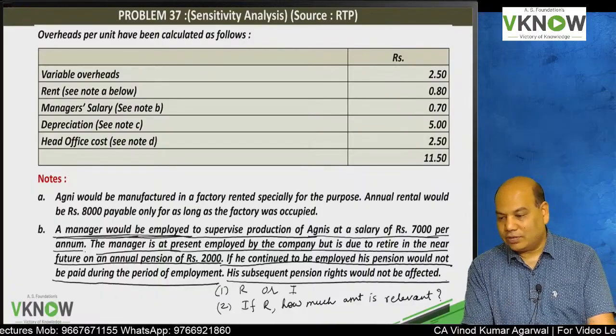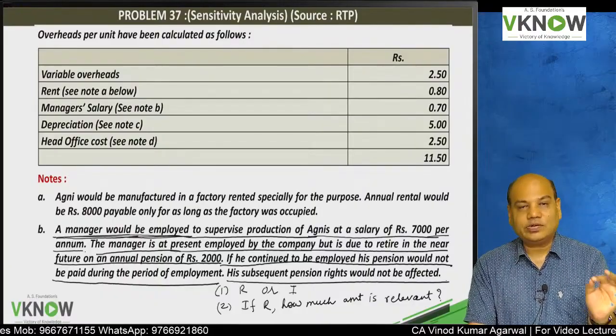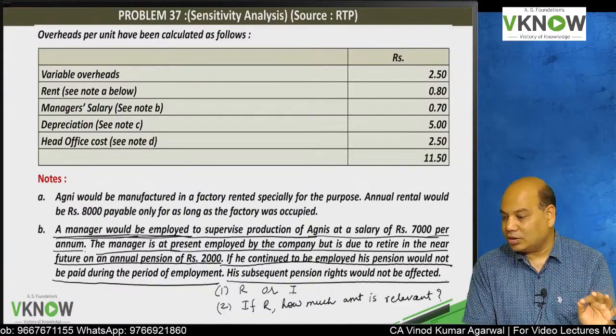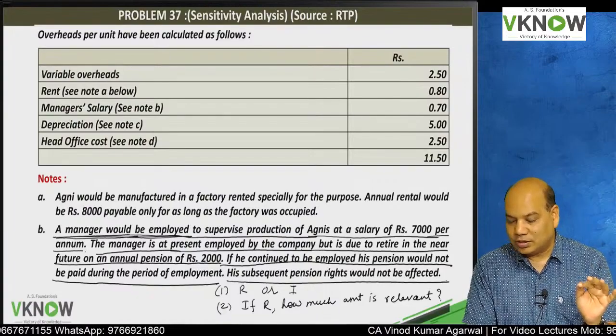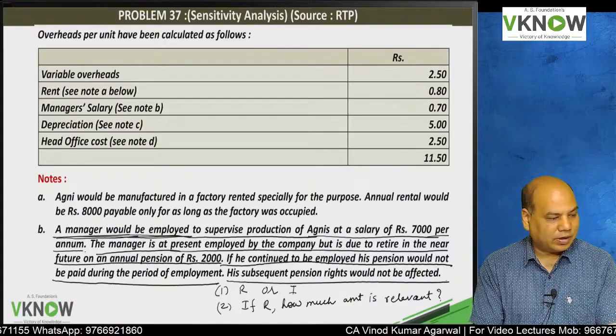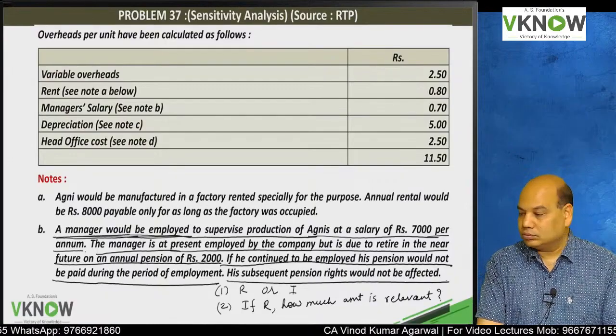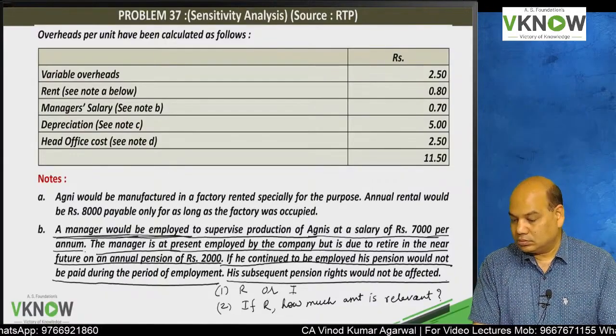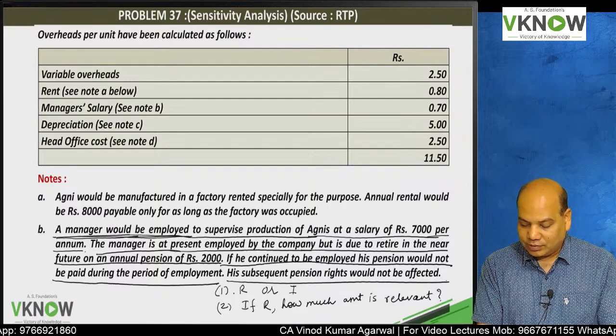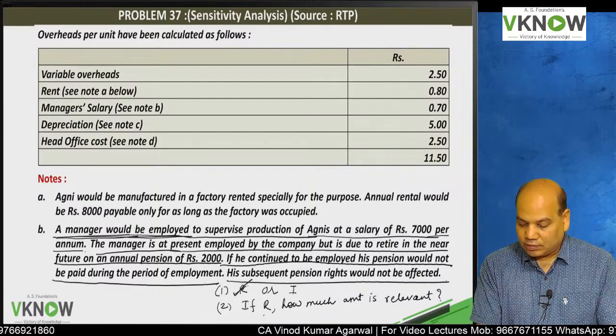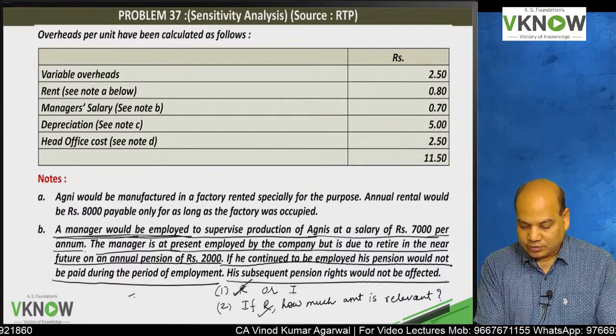And if you say it is relevant, how much amount is relevant? 7,000 is relevant, 2,000 is relevant, or 5,000 is relevant? So the answer is it is relevant and 5,000 is relevant.